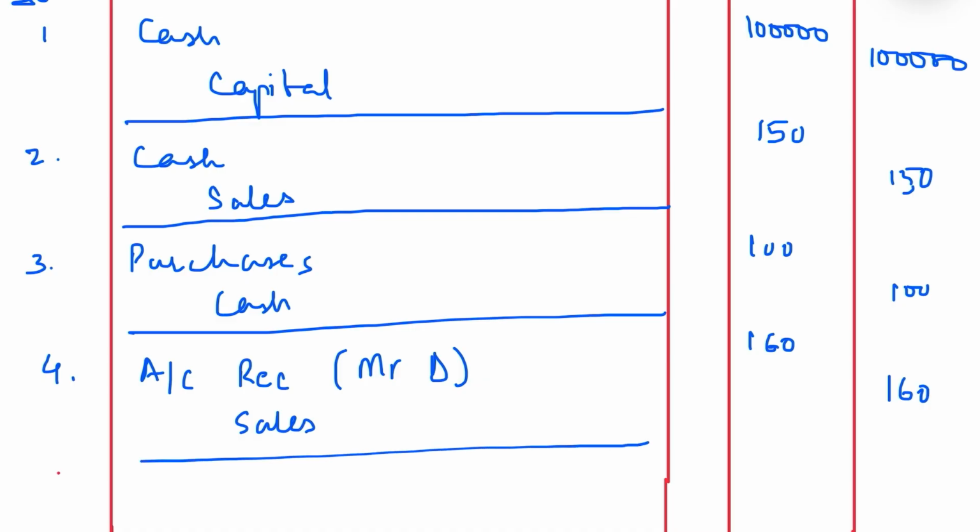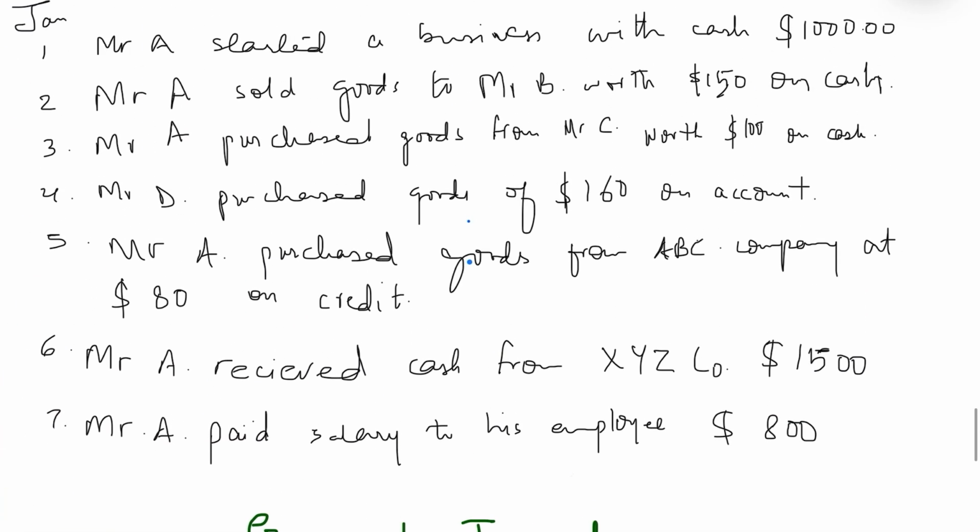for $160. Now on 5th January, Mr. A purchased goods from ABC company at $80 on credit. Now Mr. A's expenses are increased. Purchases is our business expense, so whenever we purchase something, our expense account increases.